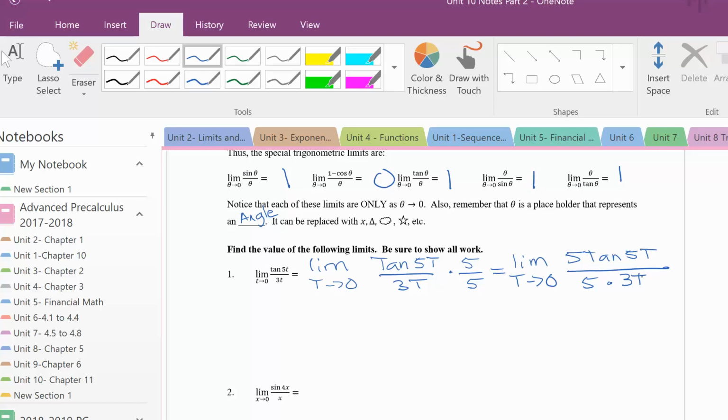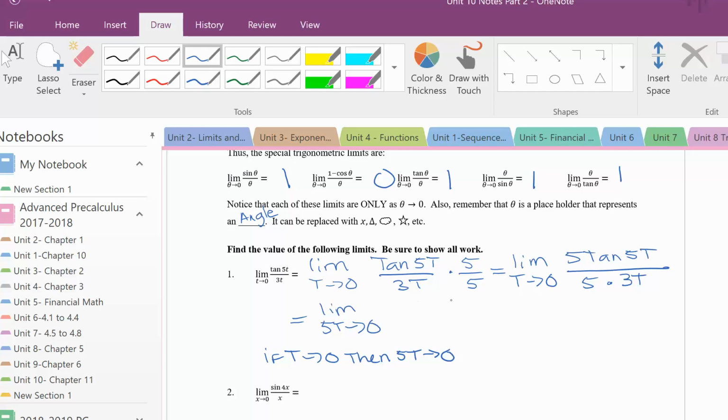So the reason why I did that is because if t approaches 0, then I can also say 5t approaches 0, because if t approaches 0, then it's assumed any number times t also approaches 0.